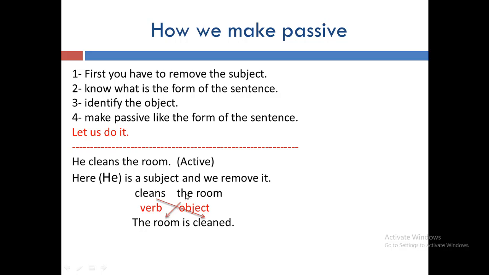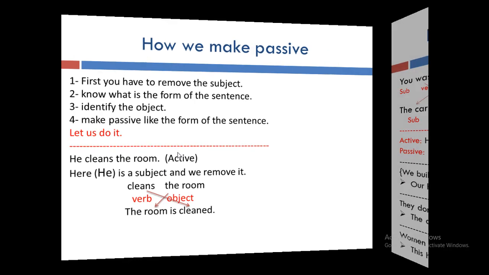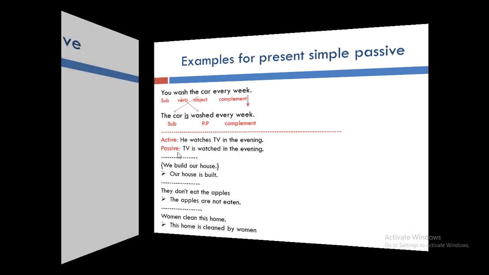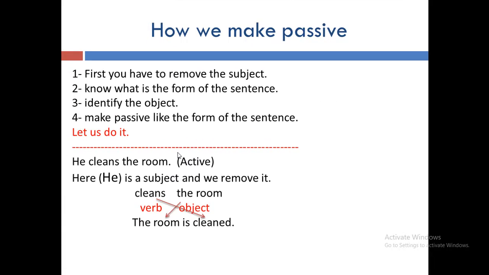Okay, and then the room is what? Is it plural or singular? Remember, we have some sentences in here as examples of present simple, and you will be more familiar. Just focus on the latter word. Is it plural or singular?